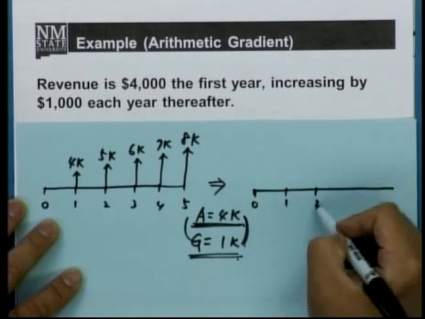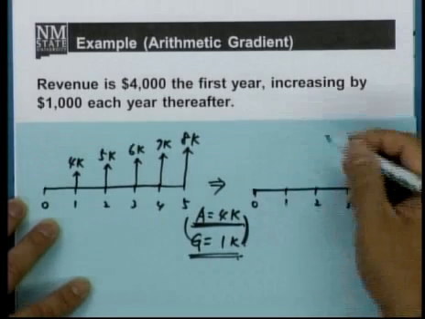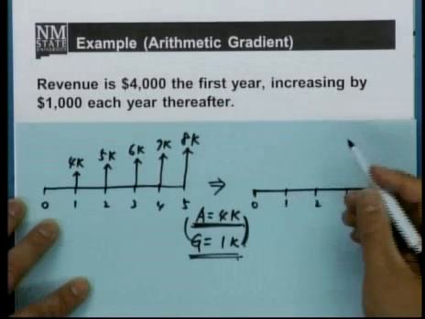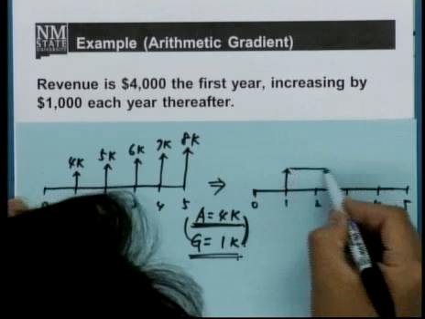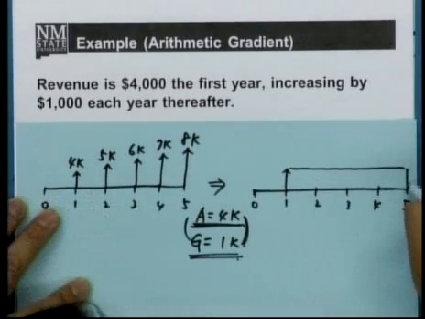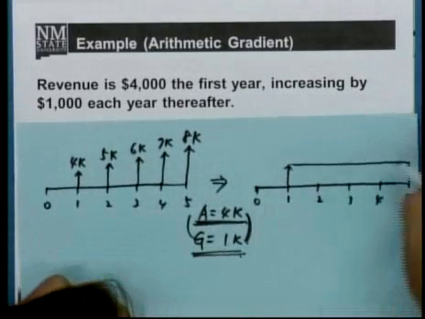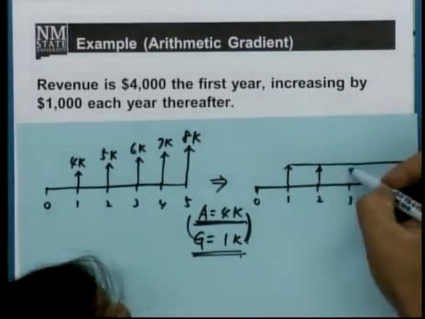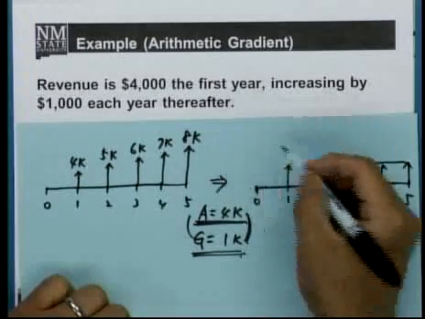0, 1, 2, 3, 4, and 5. So here we have a uniform annual series of 4,000, right? Those are the A's.